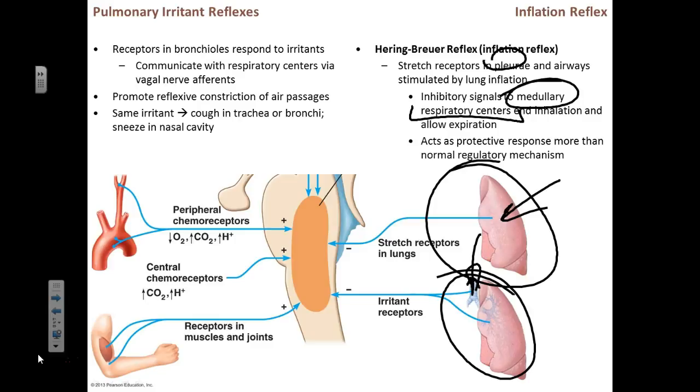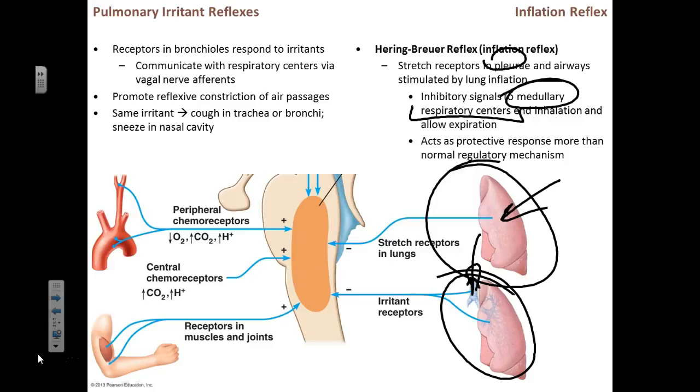It's not a regulatory mechanism as much as it is a protective mechanism, because you inhale, and technically if you continue to inhale, lungs are not stretchable to an unlimited extent.